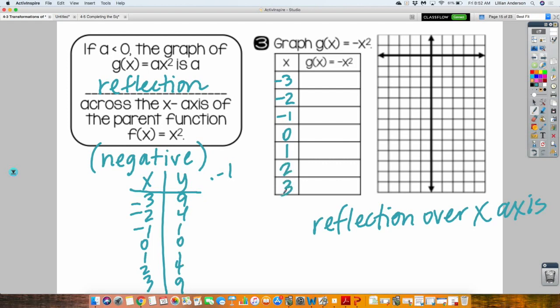So all of those x's stay the same, but all of your y's, what's the first y value going to be? Keep going. You plot those points and you graph it, and it will show how the parent function was basically reflected over the x-axis.